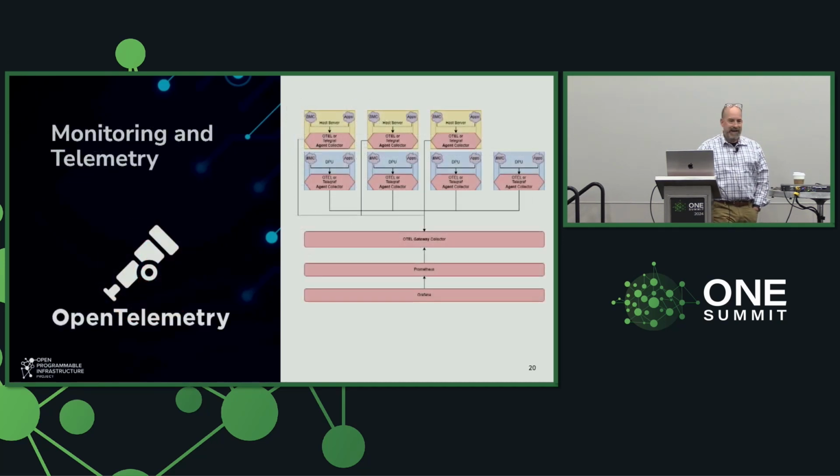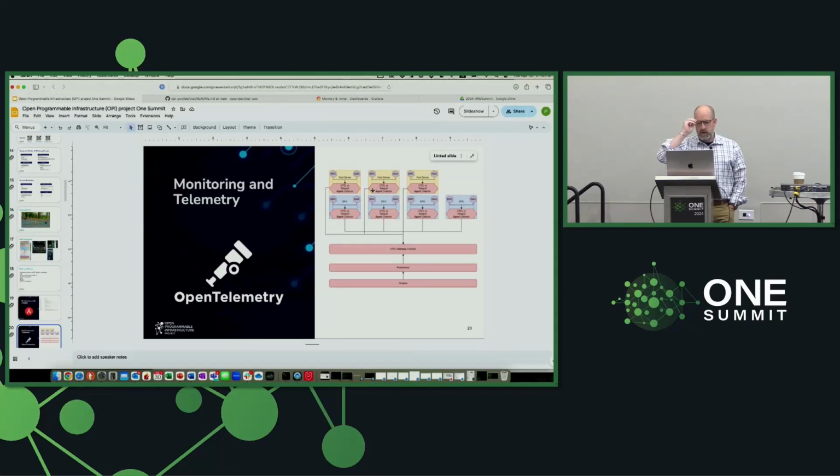So, monitoring and telemetry. We've got the ability to put an agent on most of these cards, and on most of the servers, on the switching infrastructure and different things within our lab, and we're monitoring that. I'm going to show you, if the demo gods work well with me.